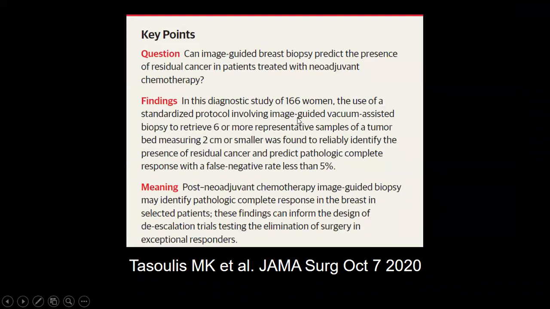The conclusion of this study, which included 166 women, was that when you add biopsy, and in this study it was done with 6 or more samples, at our institutions we do 12 or more, but altogether, false negative rates were less than 5% in predicting pCR. So the conclusion is that we're moving toward using imaging coupled with biopsy to predict pCR.